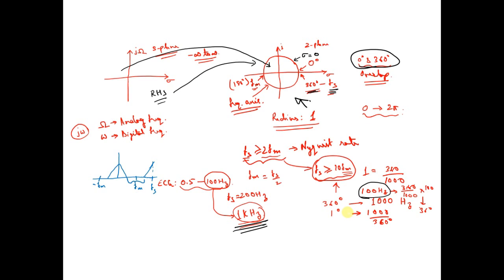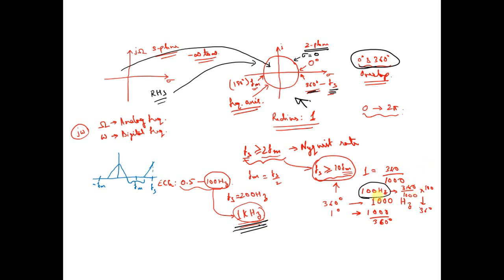Over here in the Z plane, which one is your frequency axis? The circle is your frequency axis. So frequency will be on the circle itself, and you basically have to find the angle. 1000 hertz corresponds to 360 degree.